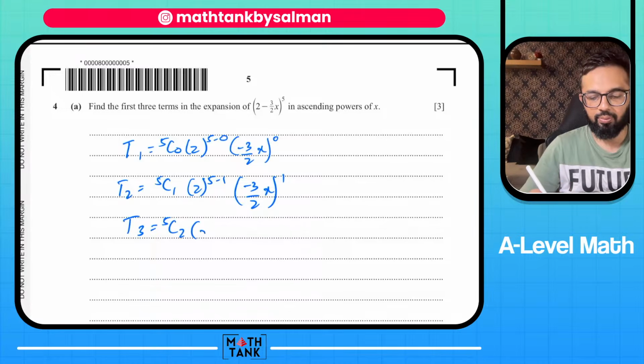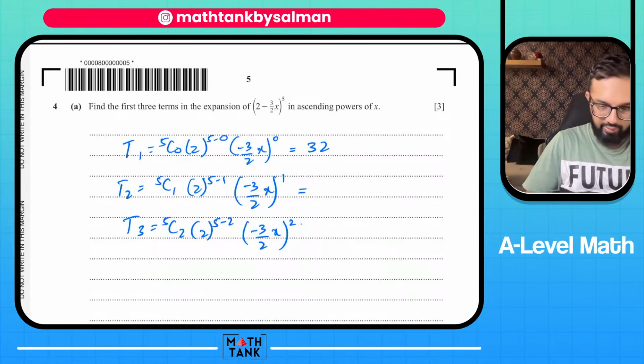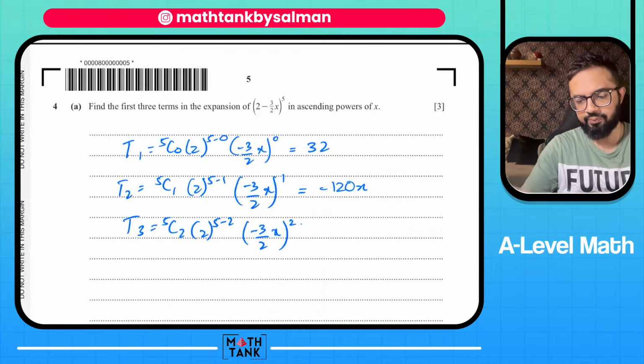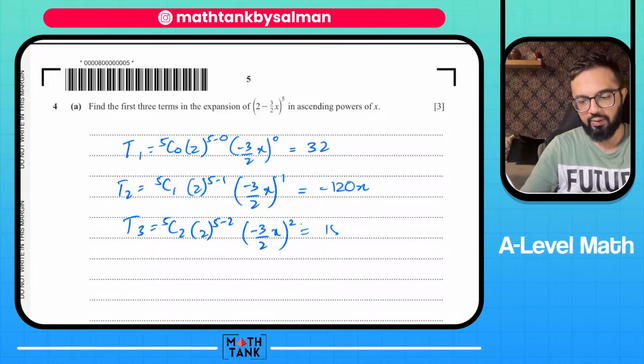Five C2 to power 5 minus 2. 32 and 5 into 16 into minus 3 divided by 2 minus 120x. 10 into 8 into 9 divided by 4, 180. 180x square.